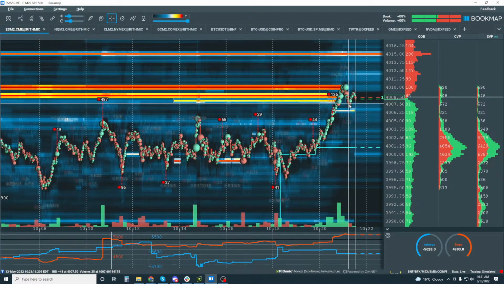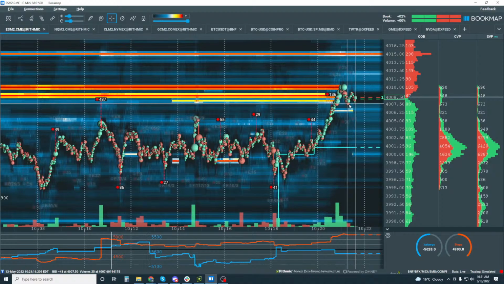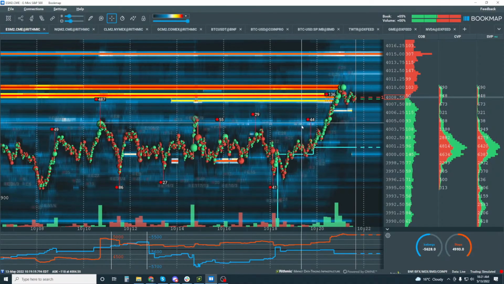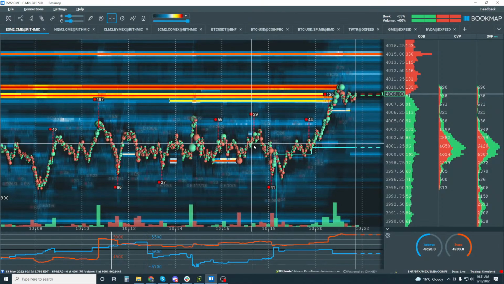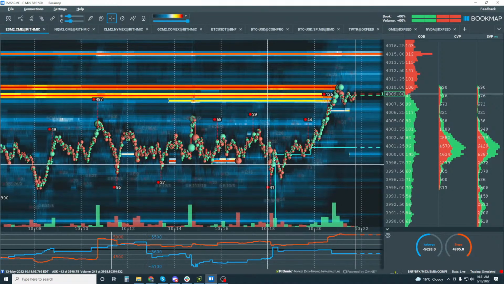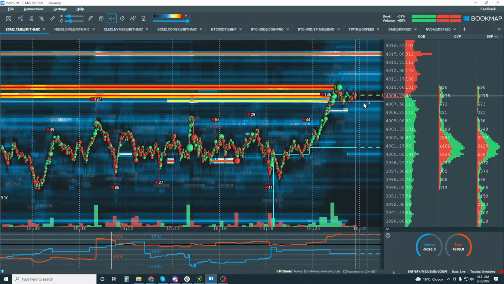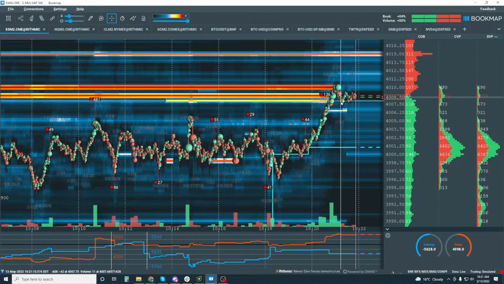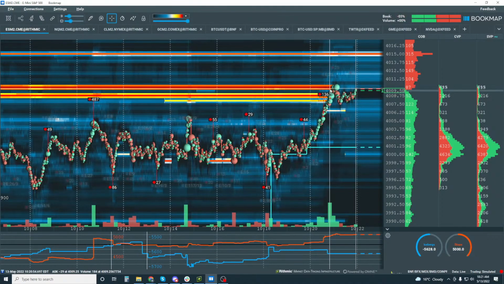Slight pullback already. And in moves like this, directional moves like this, in this environment, we've seen sellers come in and pound it right back down. In moves like this, though, and they may, we don't know that, a lot of times the sellers won't tangle with this.